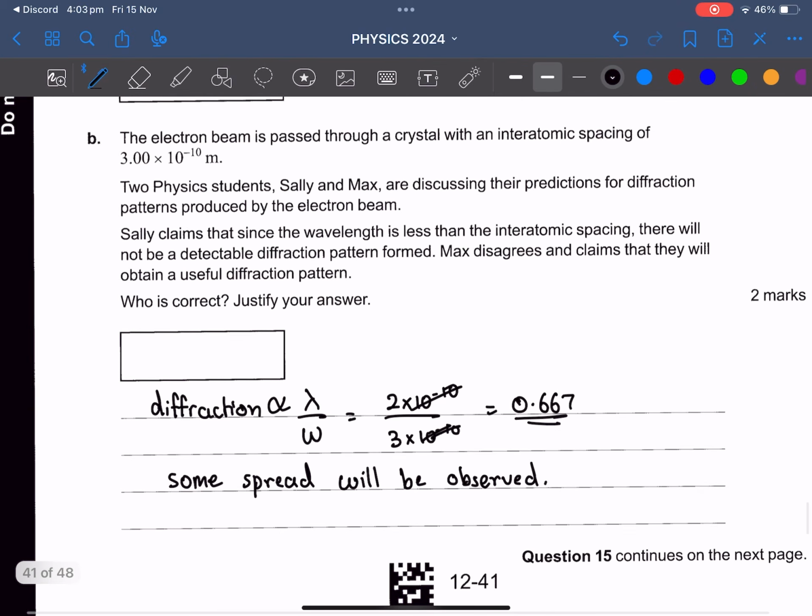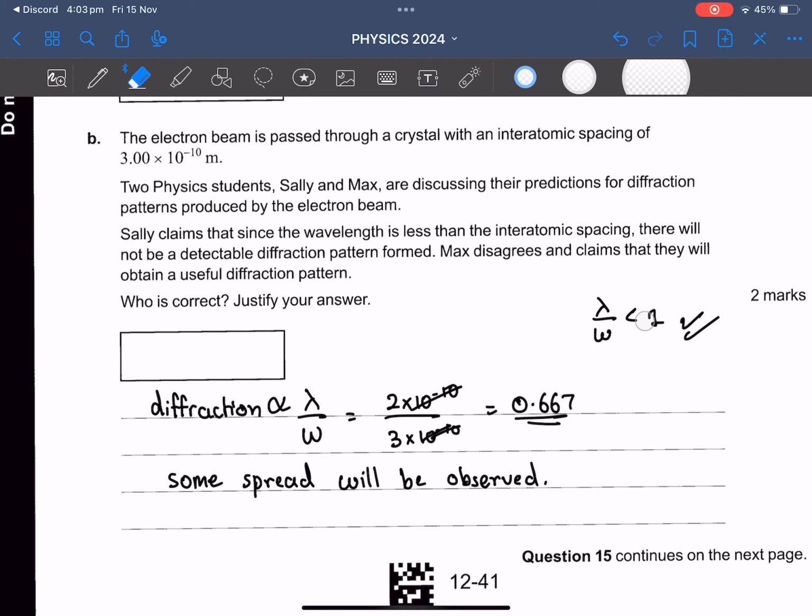Basically what I've learned is that if lambda on w is less than 0.1, then there is little or no spread. If lambda over w is between 0.1 and 1, not including 1, then there will be some spread.